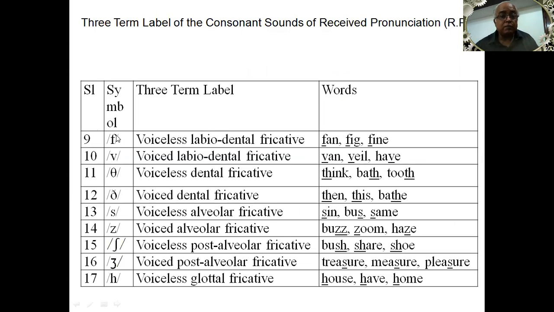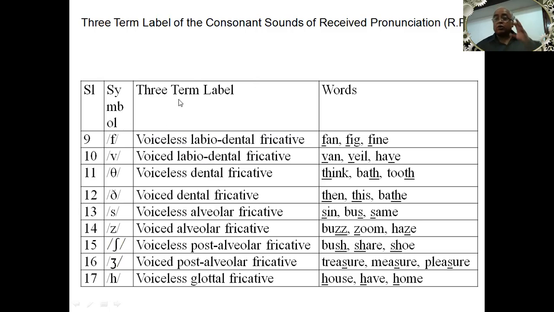Then we have f. F is a voiceless labiodental fricative. See, this is exactly how you have to write. When you are asked to write the three-term labels, you have to write this way: the voiceless labiodental fricative.